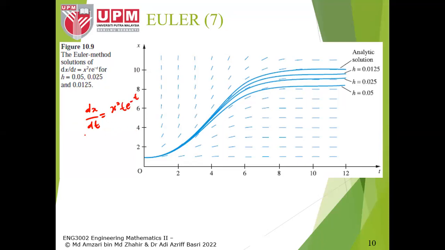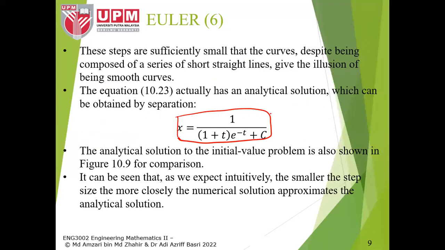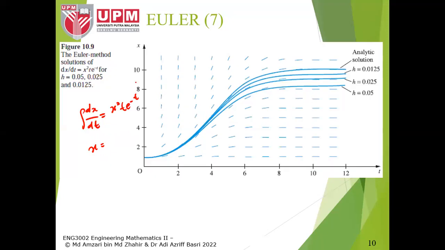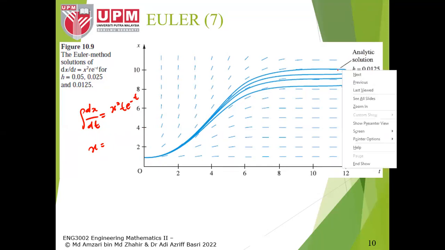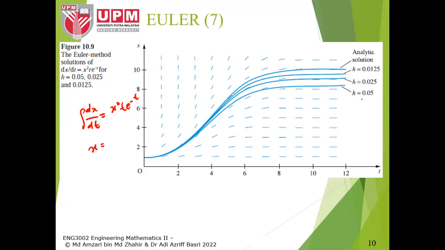When you integrate this one, you will get the x value, which is this one. Then we plot with different time steps of h. You can see that the smallest time step produces the value nearest to the analytical solution. This is your analytical solution. When we use 0.0125, the result will be much nearer and more accurate compared to 0.05.